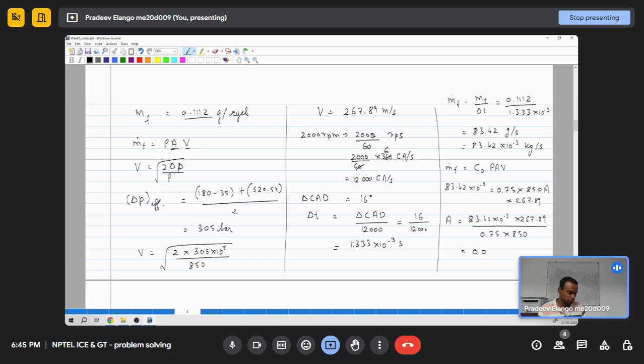.035. What is the unit? It should be meter square.